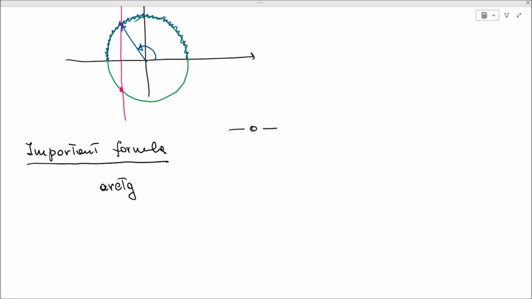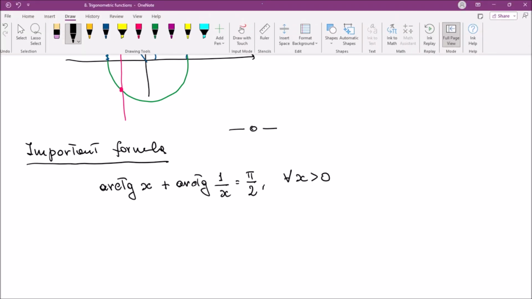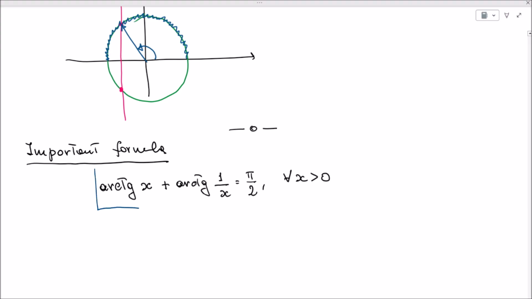Arc tangent of x plus arc tangent of 1 over x is equal to pi over 2 for every x larger than 0. So this formula relates the arc tangent of x with the arc tangent of the inverse of x, and this is valid for all positive x's.